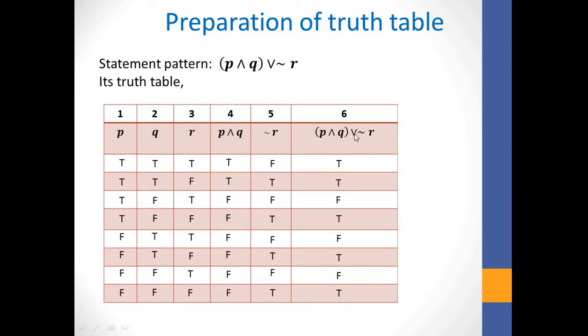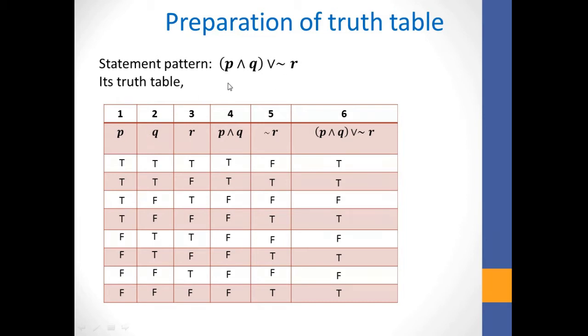As you know that for OR, when any one of the statements is true, then the value is true. So here when both the statements are false, then it is false. So you remember like this, and that's why after completing this column we get the whole truth table for this statement pattern.